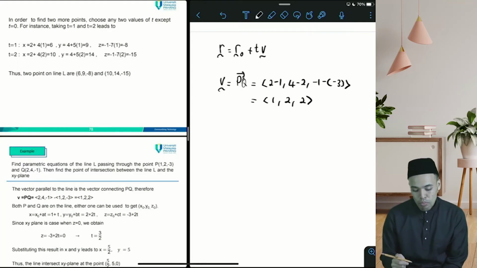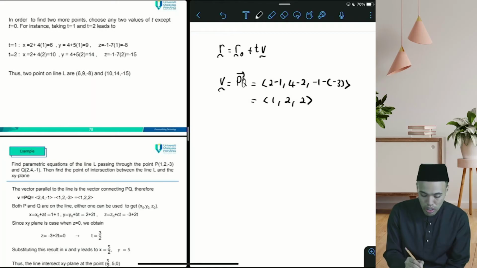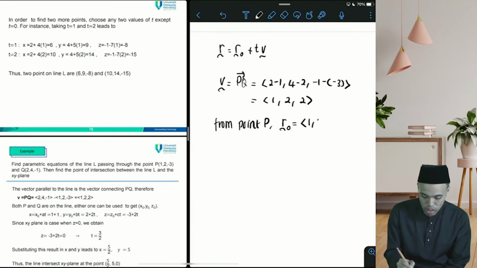Right now, what should I do after this? I need to find a point that lies on the line. In this case, you can choose either point P or point Q. I'm going to choose point P. From point P, vector r naught is equal to (1, 2, -3).